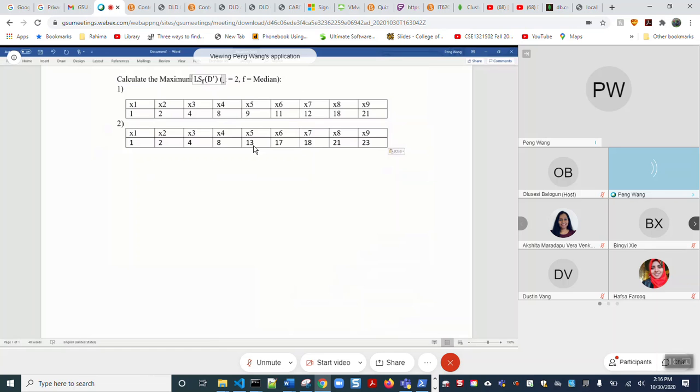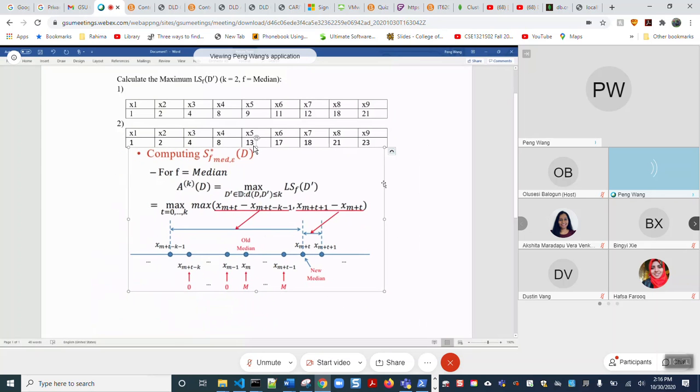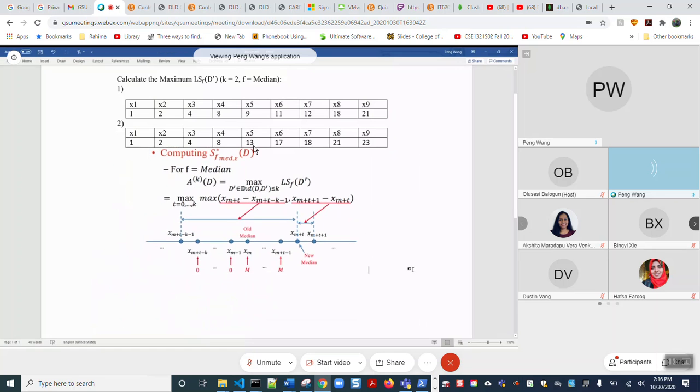And from the slides we have the formula. We have this formula, so we can simply follow the formula and do the calculation.